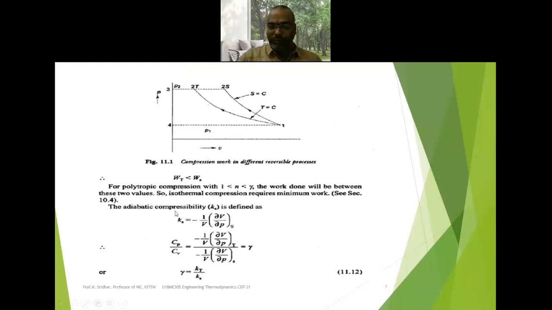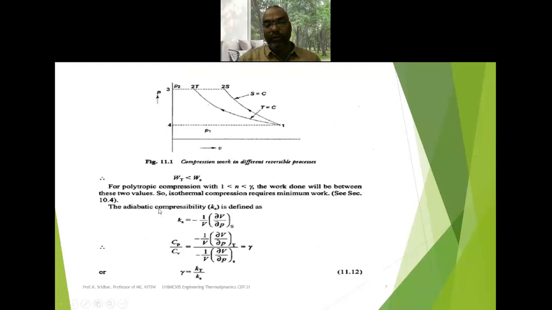And in the previous slide, we defined the coefficient of volume expansion as well as the isothermal compressibility factor. Now we are able to define another third important thermodynamic parameter, that is the adiabatic compressibility factor.